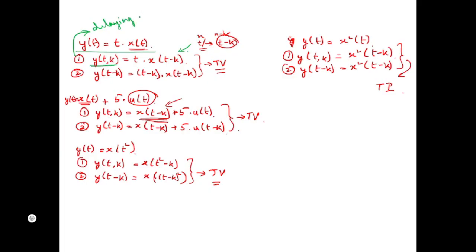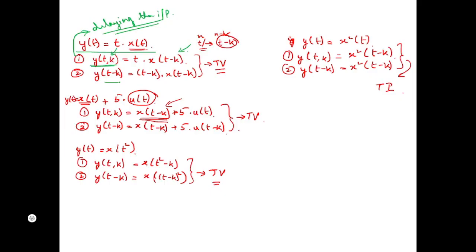Keep this in mind: the first step is delaying the input. Let us represent it by y(t, k). We delay the input by k units, t minus k, as we have studied. So t multiplied by x(t minus k).